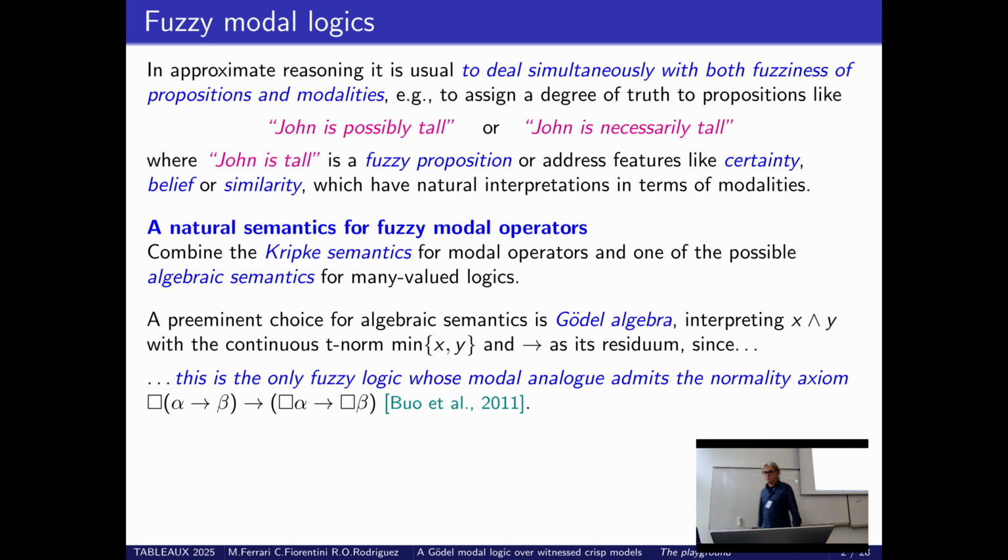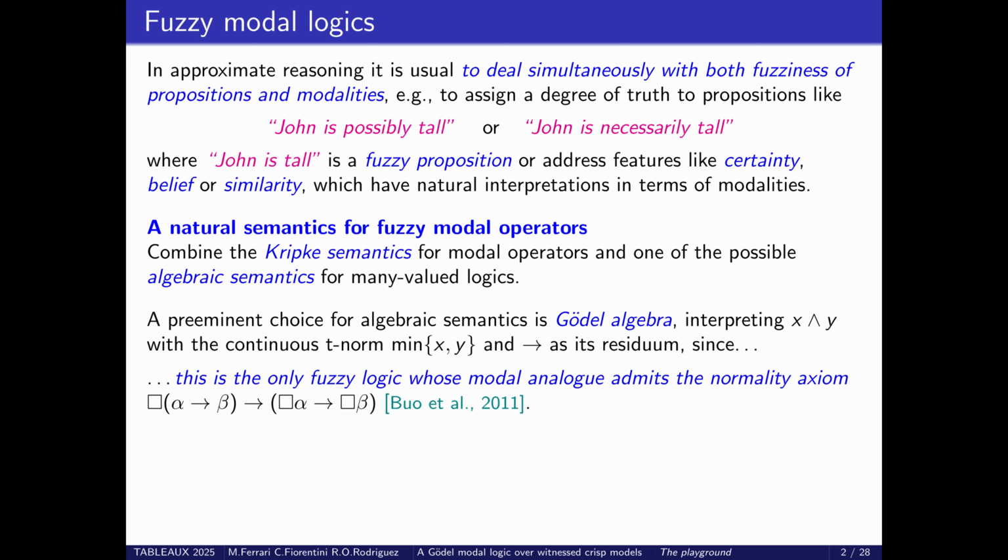And the reason to choose this semantics is that, as proved by these guys in 2011, it is the only base you can use to satisfy the normality axiom of modal logic.